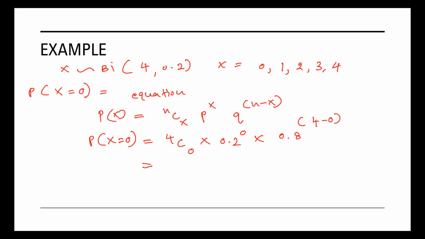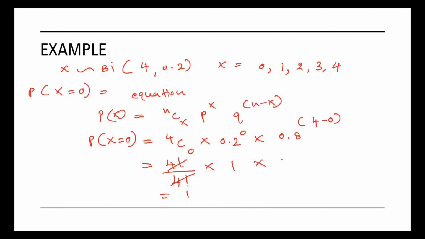So here 4C0 means you should know how to solve combinations. So how to solve combinations? 4 factorial divided by, since you have 0, you put 4 factorial, which you can cut off, so you will get 1. 0.2 to the power 0, answer is 1.